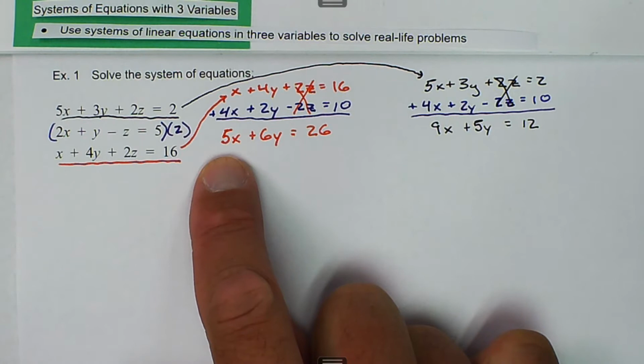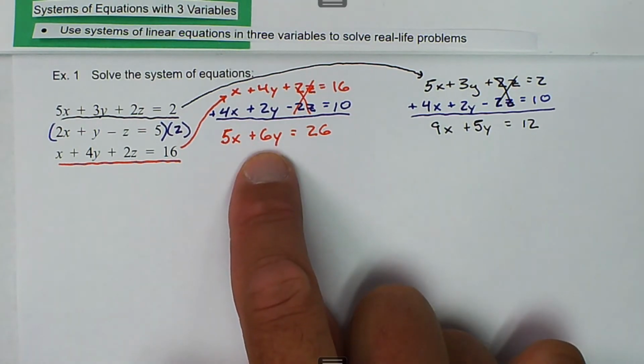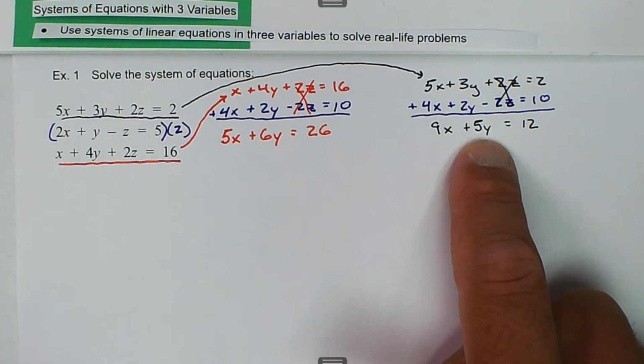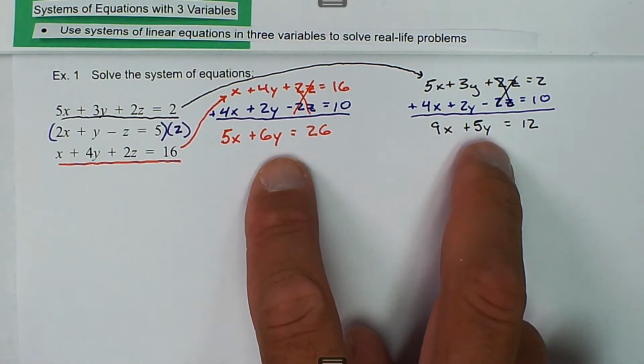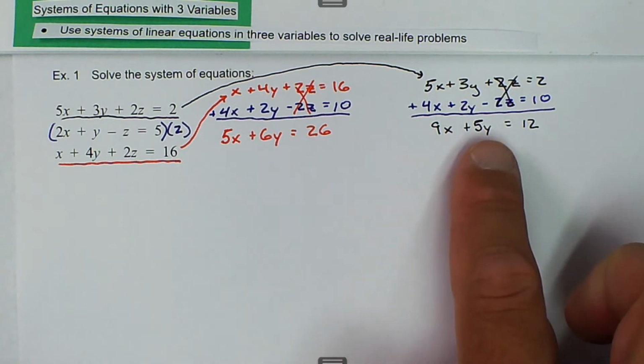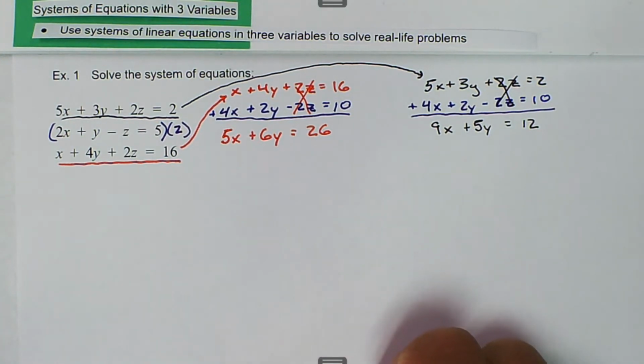Leading coefficient of 5, leading coefficient of 9 doesn't go together great. Leading coefficient of 6, leading coefficient of 5 maybe goes together not too bad. So I'm going to pick my y variable to try to eliminate. I know that between 5 and 6, we have a common factor of 30.